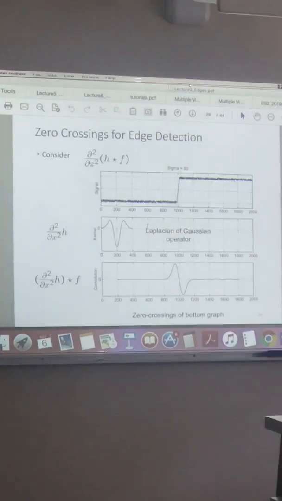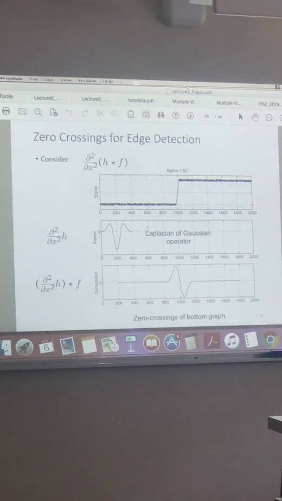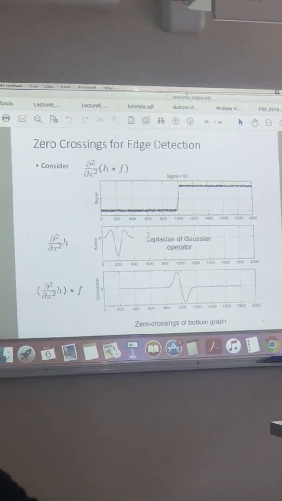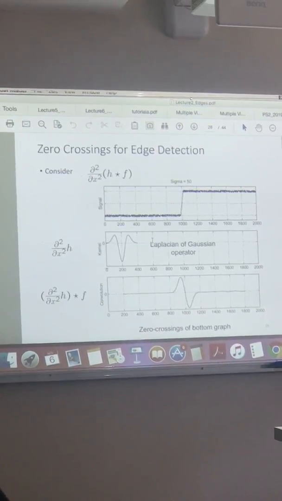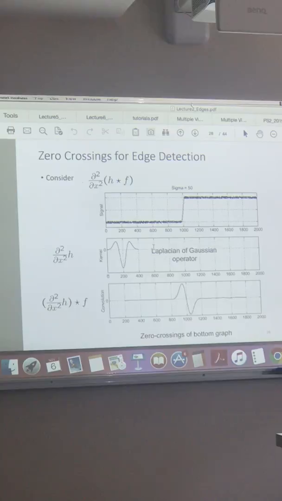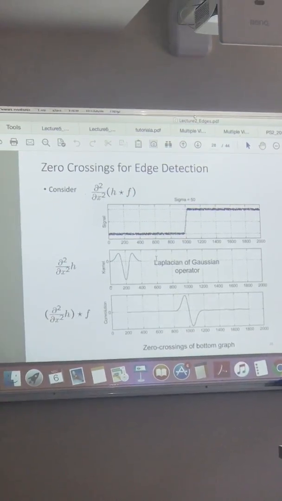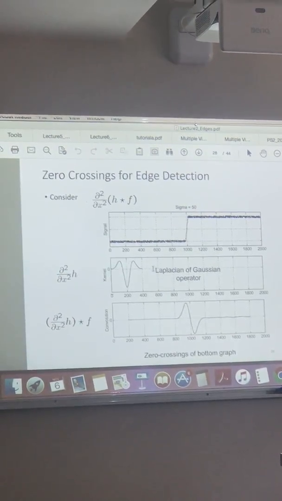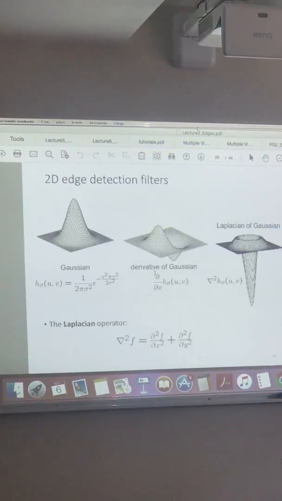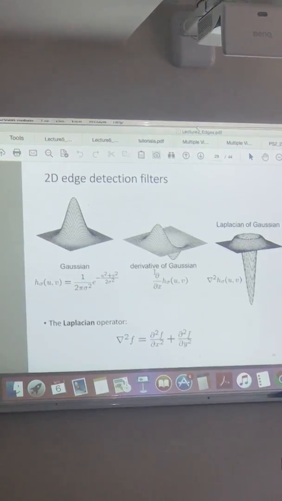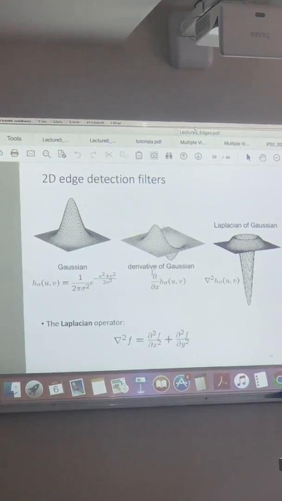The Laplacian of the Gaussian can be used for that purpose, and this filter can be used in some other applications as well. So this is something that you need to know. This is, for example, the Laplacian of Gaussian operator for 2D.